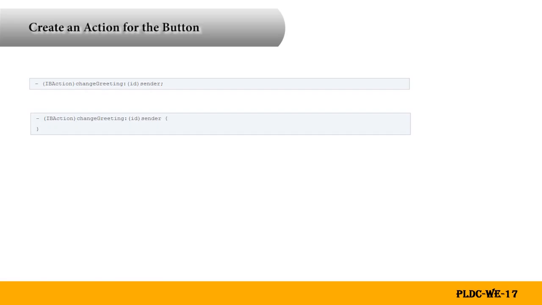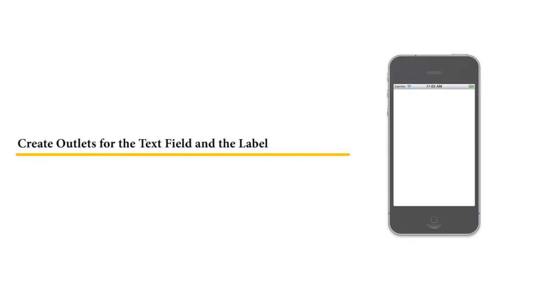Next, you create connections between the view controller and the two remaining UI elements, that is, the label and the text field. An outlet describes a connection between two objects. When you want an object, such as the view controller, to communicate with an object that it contains, such as the text field, you designate the contained object as an outlet.